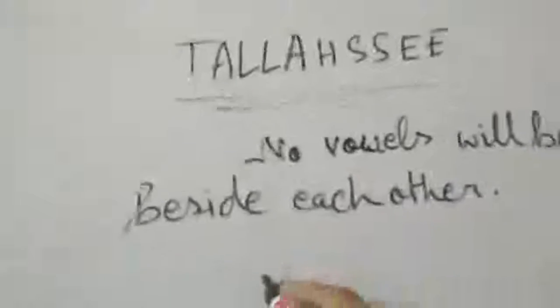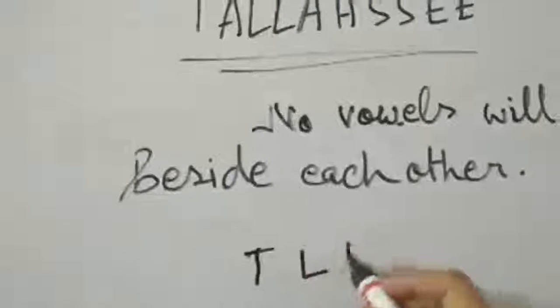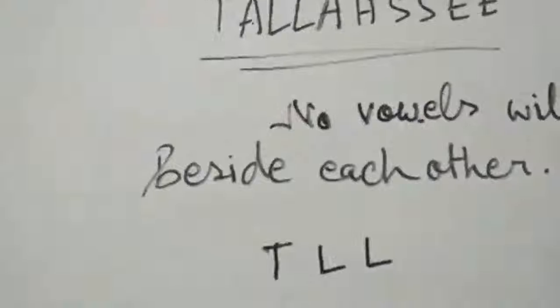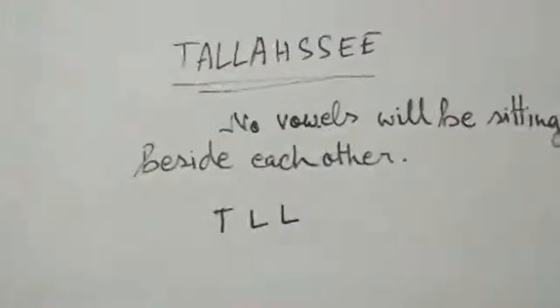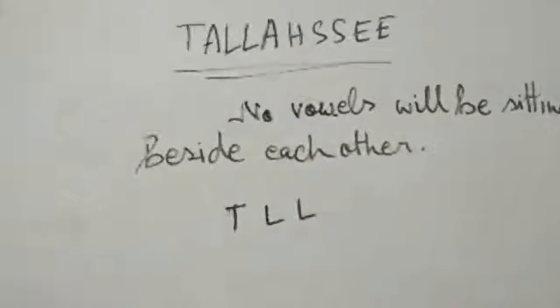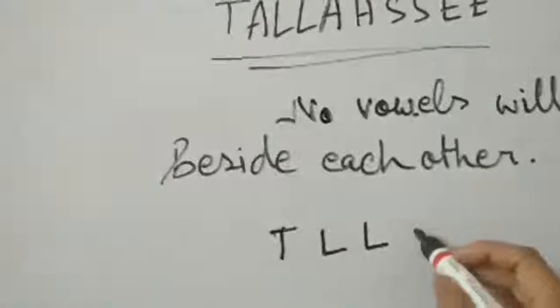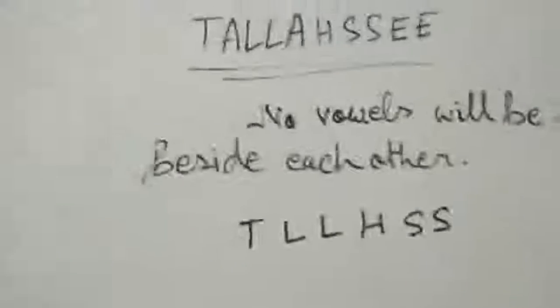So how to solve it? First we write down all the consonants. So T, L, L. Oh my God, Deepak, no, no, no. This will not be the answer, Deepak. So T, L, L, H, S, S. Okay.